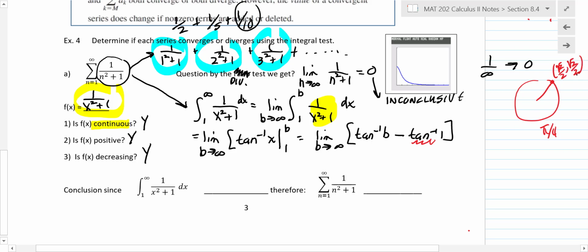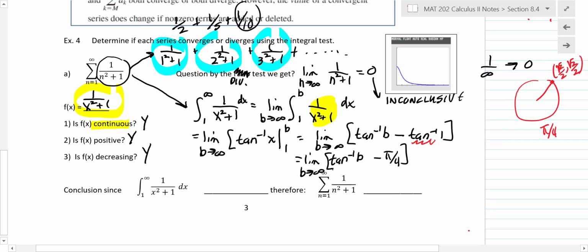The tangent's y over x, so the tangent of pi over 4 is 1. Okay? And the range of an inverse tangent is negative pi over 2 to pi over 2. Okay, so now you're going to have the limit as b goes to infinity of the inverse tangent of b minus pi over 4, like that.